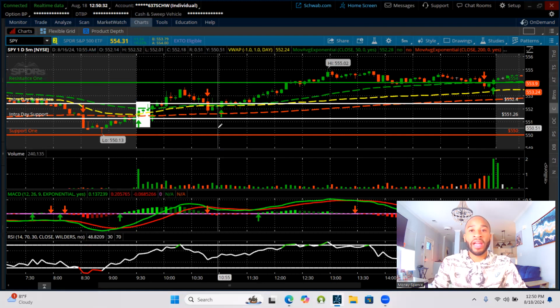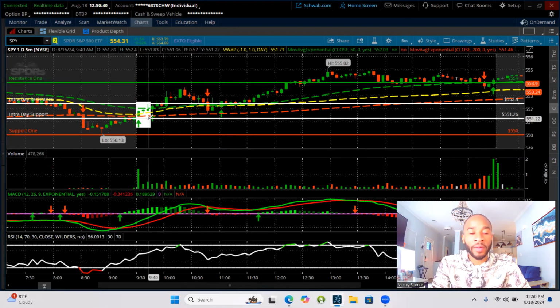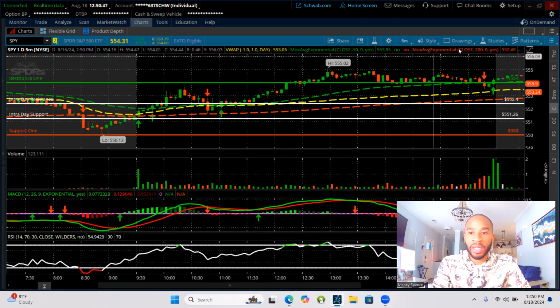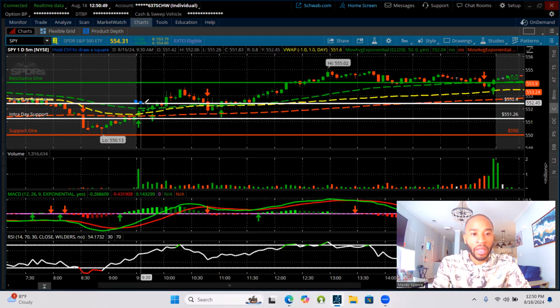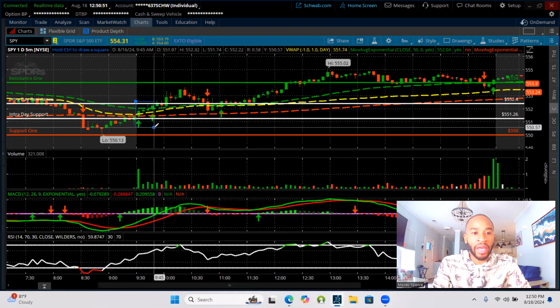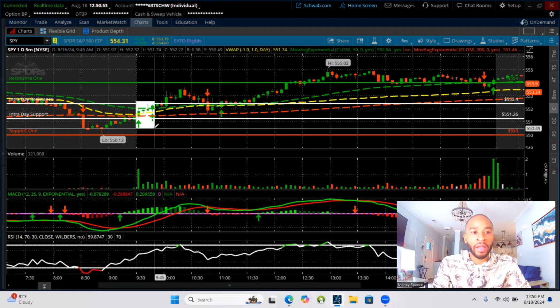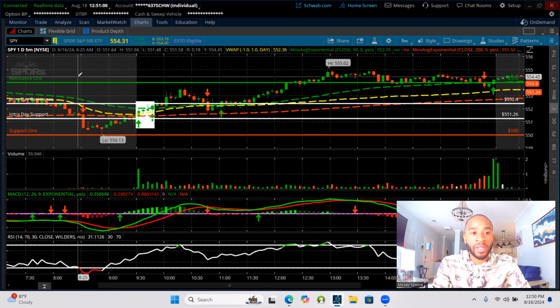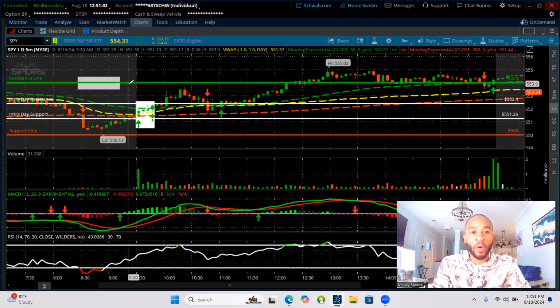If we're breaking out of one of those zones, that's giving you a signal to focus on the uptrend. So after 9:45 a.m., we started to break out of our key price zone. That was giving us a signal that we wanted to go higher towards our first level of resistance. And our first level of resistance was at $554.